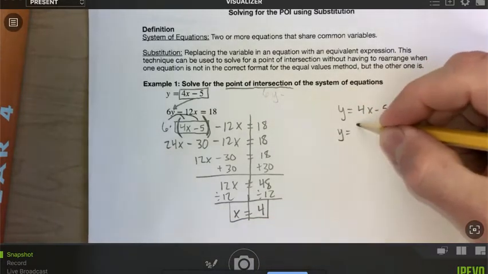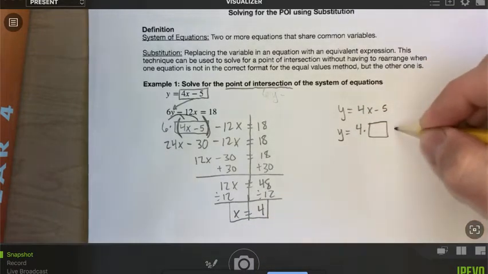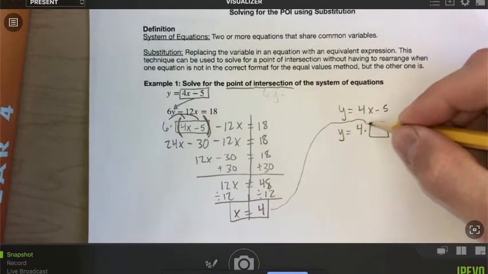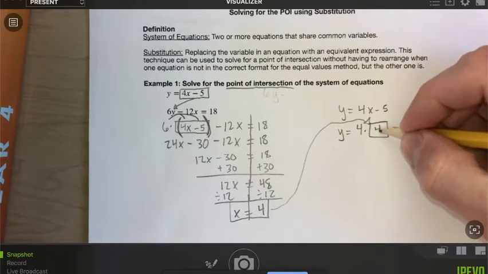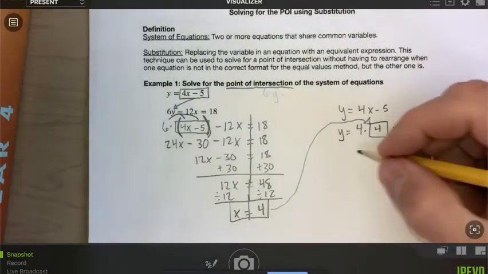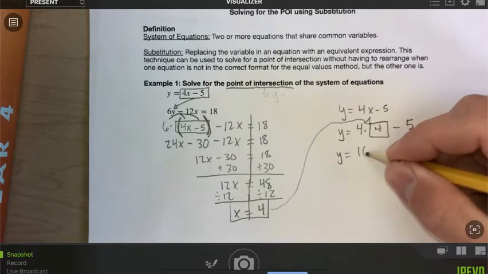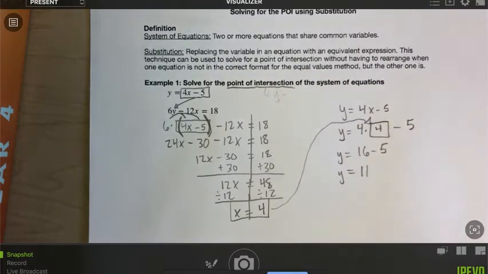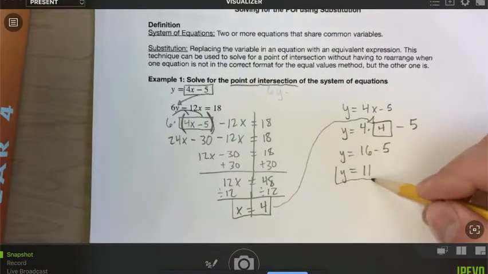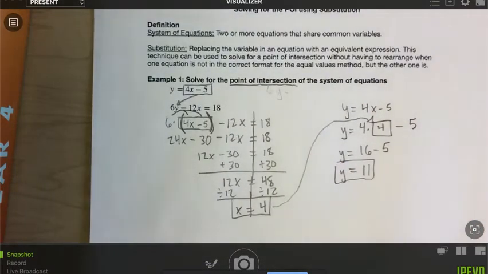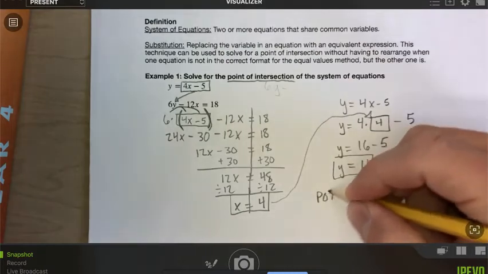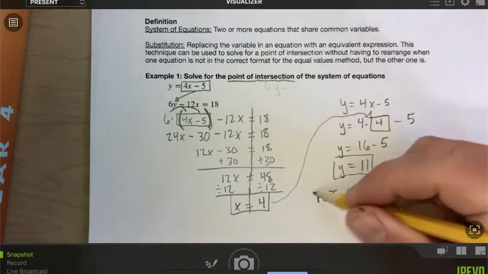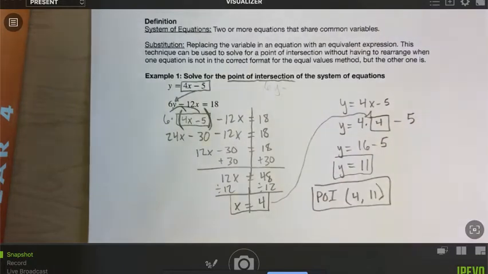So all I'm doing is saying, oh, if x is 4, then when I simplify everything out, I get that y must be 11. So my point of intersection is 4, 11. All done.